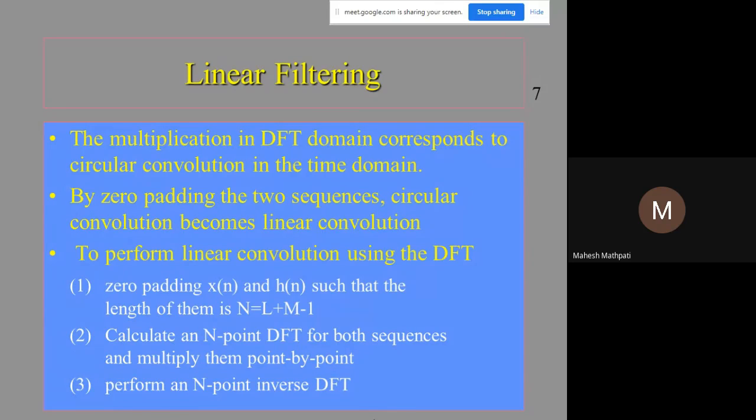The next point: by zero padding the two sequences, circular convolution becomes linear convolution.